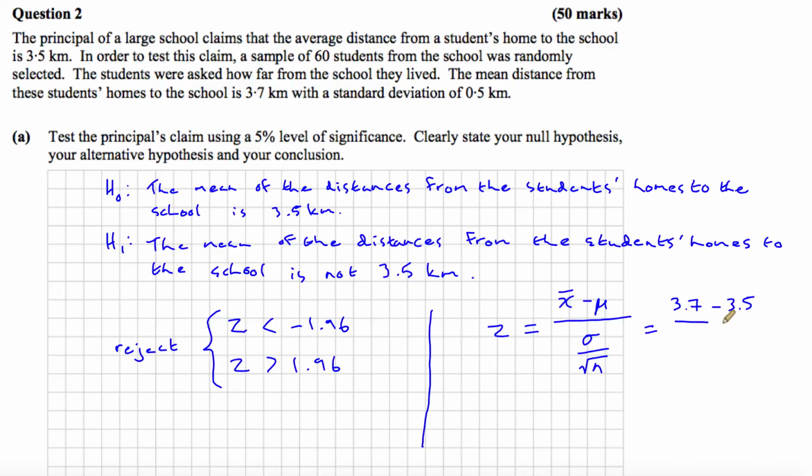And then this is all going to be divided by the standard deviation. Now, we're not given the standard deviation of the population, but we know that the standard deviation of the 60 students is 0.5, so we can use that as an approximation. And this is all going to be divided by the square root of the sample size n. So the sample size n, in this case, is 60.